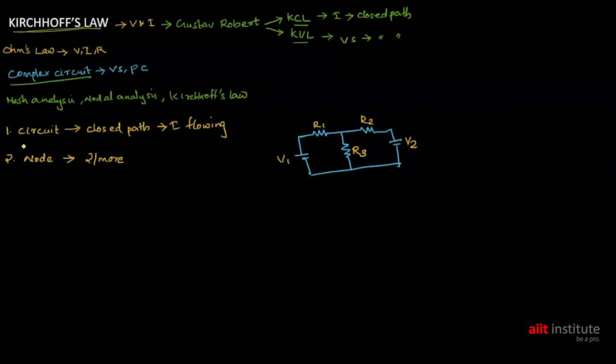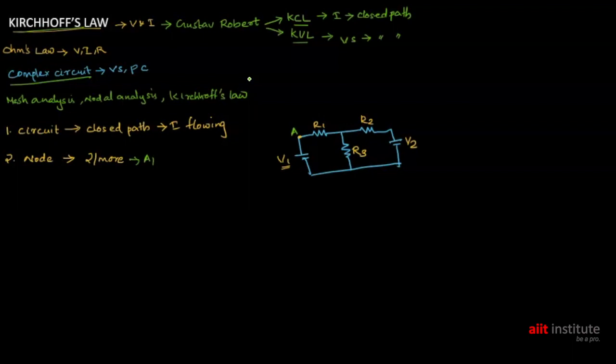Here, the voltage source V1 and resistor R1 are meeting at this point. These are the circuit elements, right? The voltage source and the resistors are the circuit elements. So this point is a node. I am giving the name A. So A is a node.